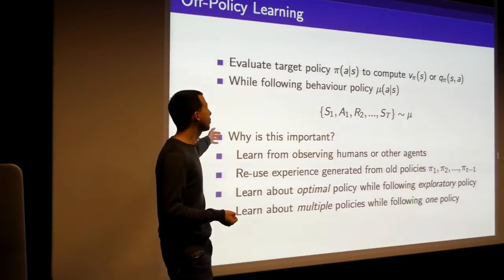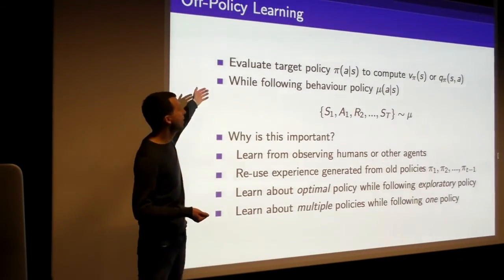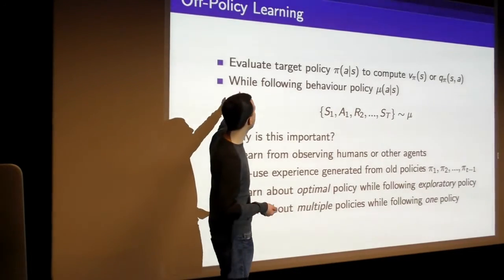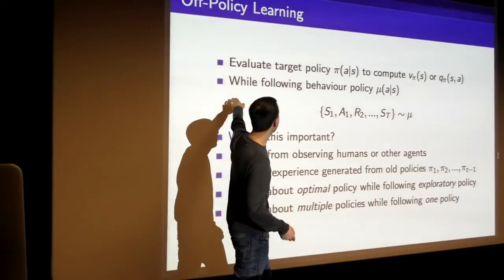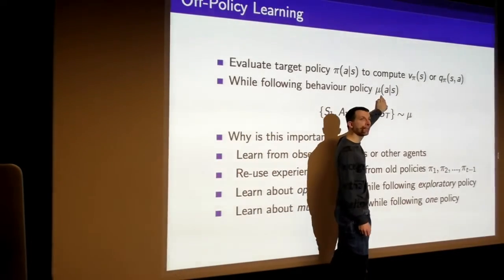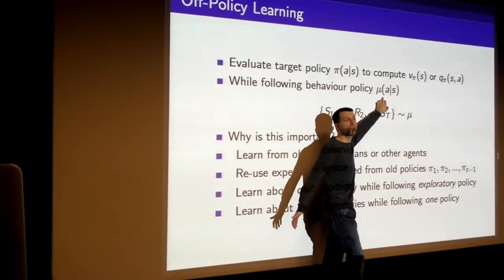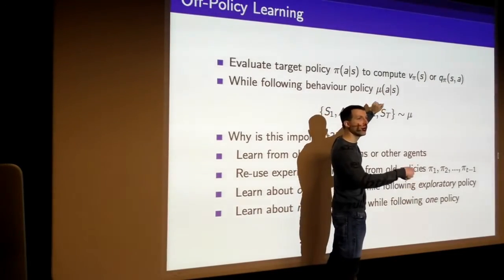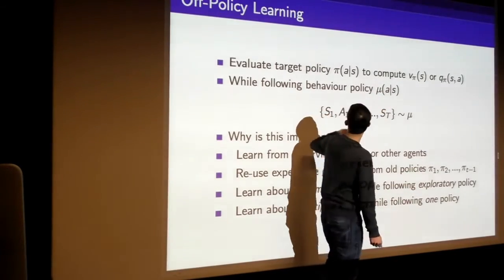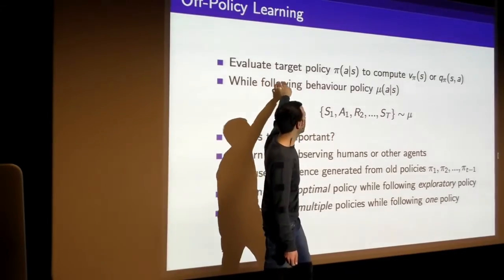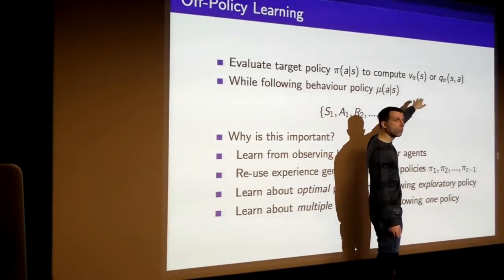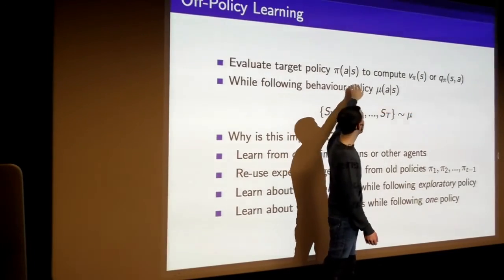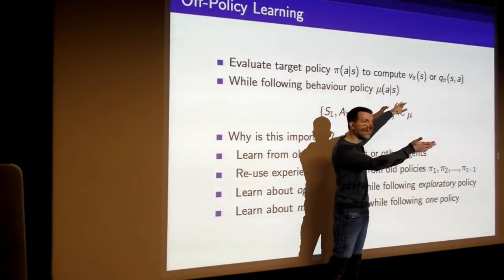But there are many cases where we want to evaluate some other policy while we're following a behavior policy that we're going to call mu. So this is the behavior policy that we actually pick actions from in the environment. And what we want to do is to evaluate some other policy, pi, so as to compute, say, v pi or q pi, or ultimately figure out maybe the optimal way to behave in that environment.